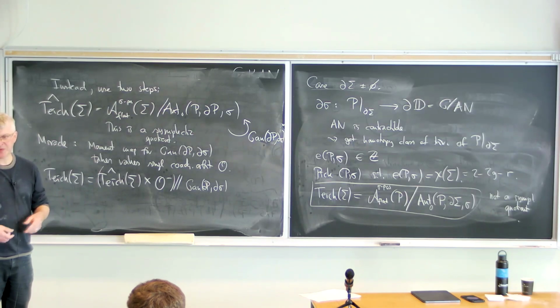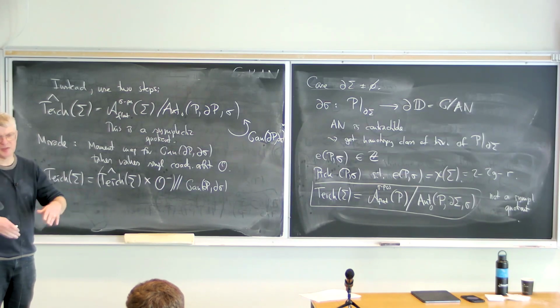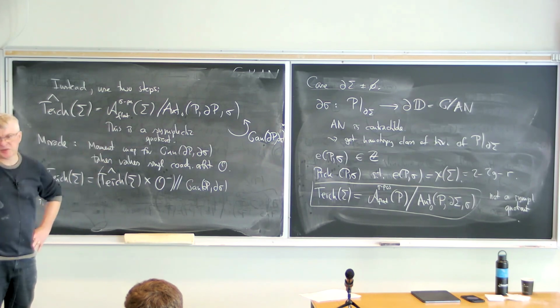For the case without boundary, there are beautiful results of Goldman, which say that the space of convex RP2 structures on a surface is like a Teichmüller space, the best studied example of higher Teichmüller space. So we expect that this story with boundary goes through for those structures. But beyond that, I don't know examples.